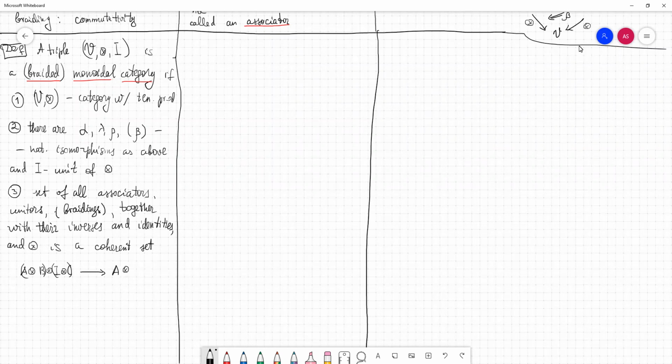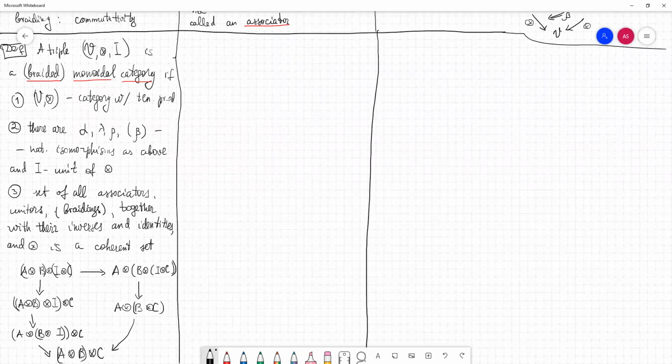A tensor B tensor I tensor C will go here as A tensor B tensor C. Here it will go as A cross B tensor I tensor C, will go to A tensor B tensor I tensor C. Then it will go to A tensor B tensor C. And then it will go this way.